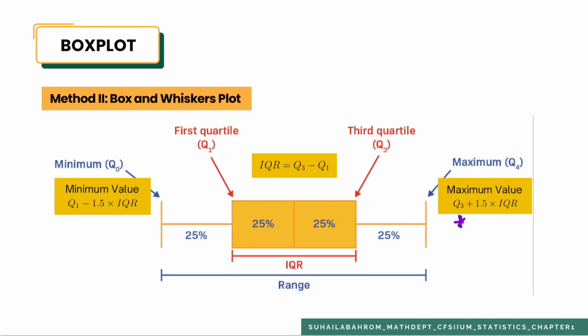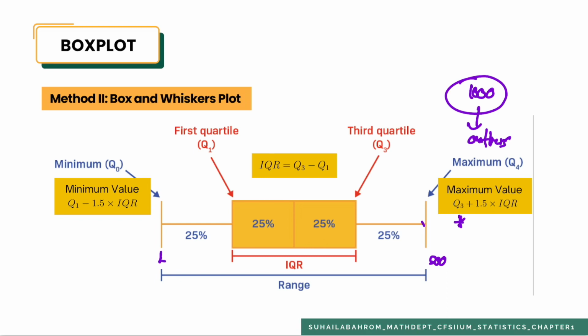Let's say you have data which lies above the upper inner fence. Let's say at the upper inner fence, the maximum value is 500, and in your data set, you have the value of 1000, meaning that the value of 1000 is an outlier. We can also have extreme small values.